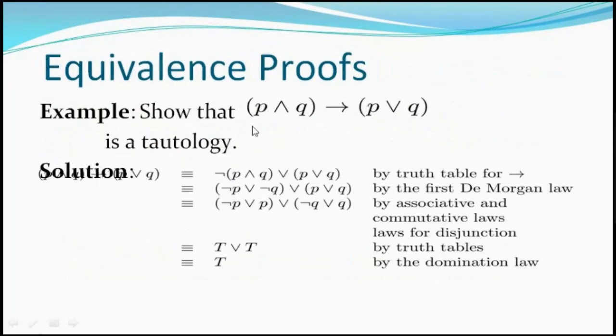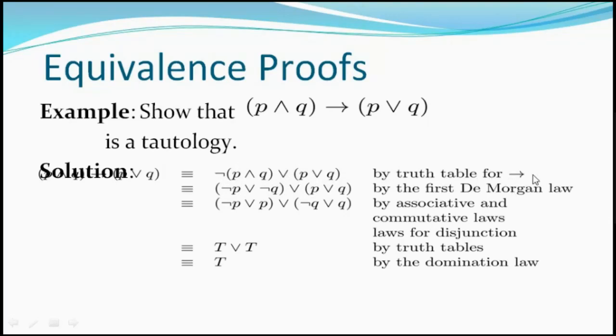Here is an example. Show that negation of (P and Q) implies (P or Q). We are going to reduce this like this: negation of (P and Q) or (P or Q), by the truth table for implies.